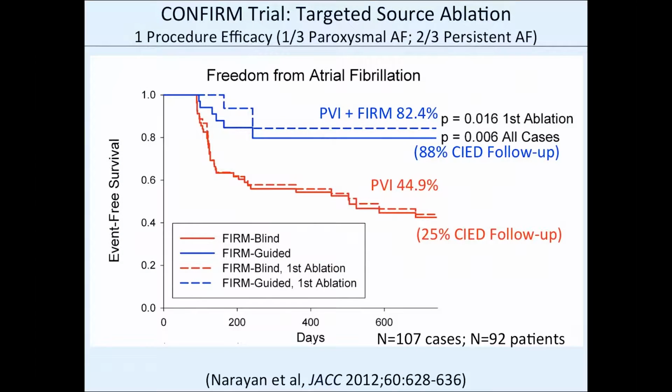With that, Dr. Narayan found that with FIRM and pulmonary vein isolation, the objective guideline-directed freedom from atrial fibrillation was about 88% at 1 year of follow-up, whereas with pulmonary vein isolation alone, it was only about 45%, with a lesser number of implanted devices to detect atrial fibrillation. This is a dramatic difference, of course, and was quite well accepted at the time.